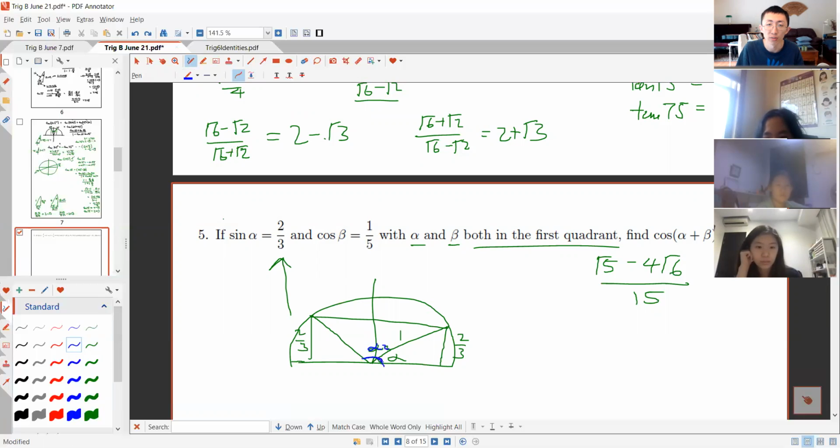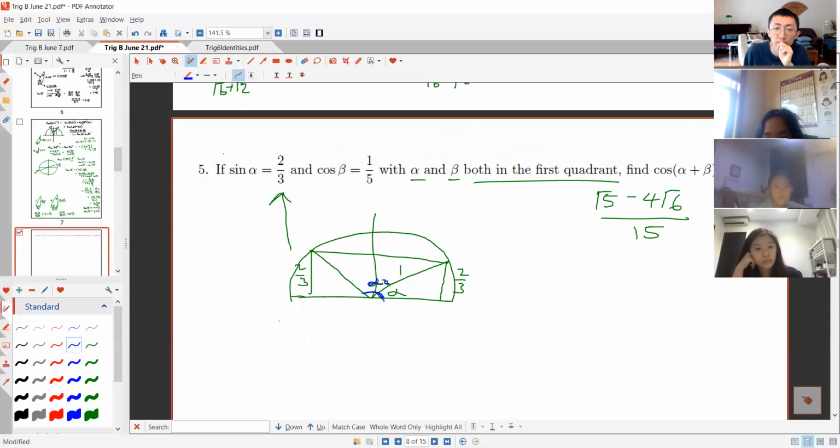This is alpha 2, so that means this is alpha, right? The cosine of this alpha and this alpha 2 should be negatives of each other, because we're just reflected over the y-axis.